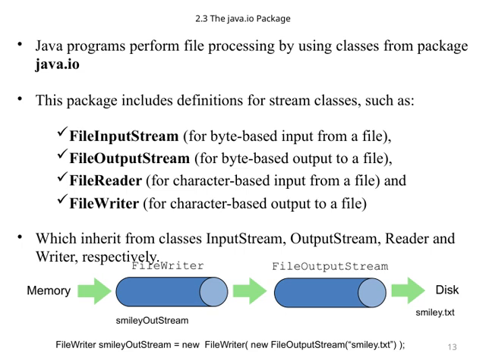These classes are actually built on top of more general abstract classes like InputStream, OutputStream, Reader, and Writer. That means they inherit core functionality, but are specialized for specific types of data. Looking at the example on the slide, we see a line of code that combines FileWriter and FileOutputStream to create a writer for a file called smiley.txt.